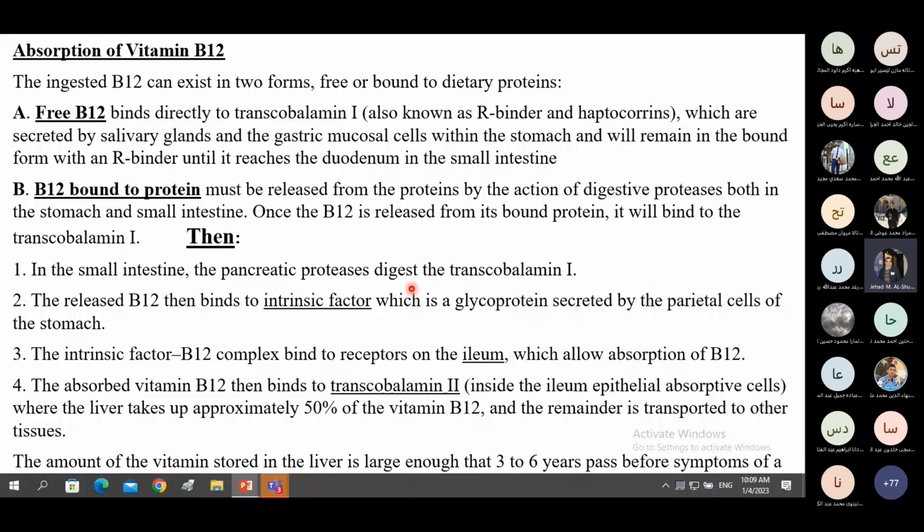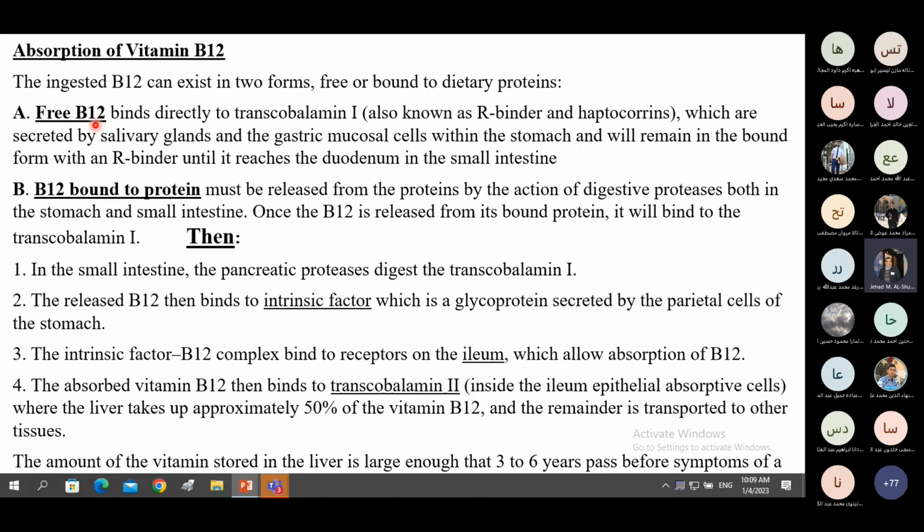Now, absorption of B12 in the small intestine. See here, the B12 in our food could be free, not bonded with a protein, or it could be bonded to a protein.